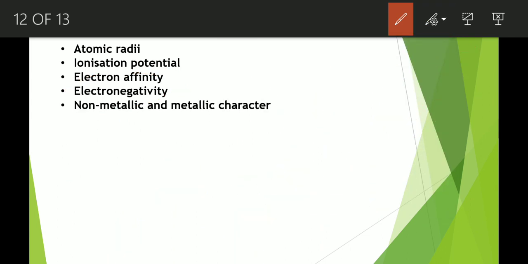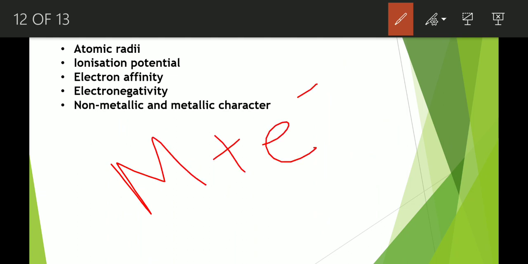Now, the next character is non-metallic and metallic character. What is a non-metal? A non-metal is an atom that gains 1 or more electrons. Suppose M is an atom and it gains 1 electron to form an anion, then we call it a non-metal.